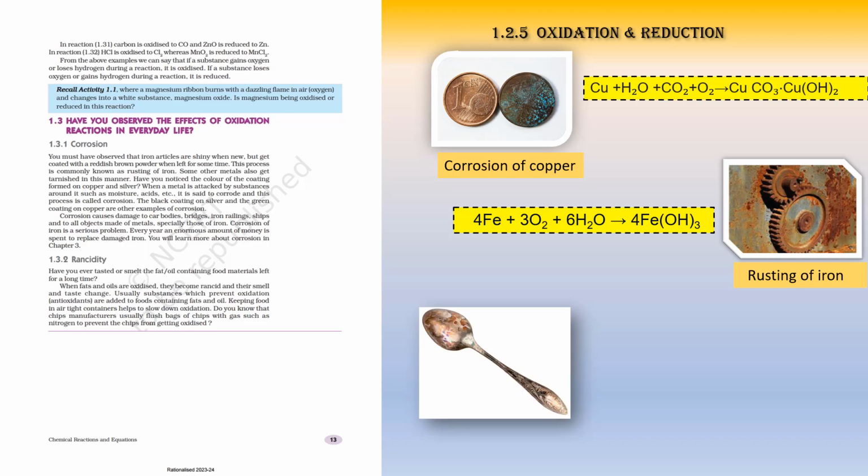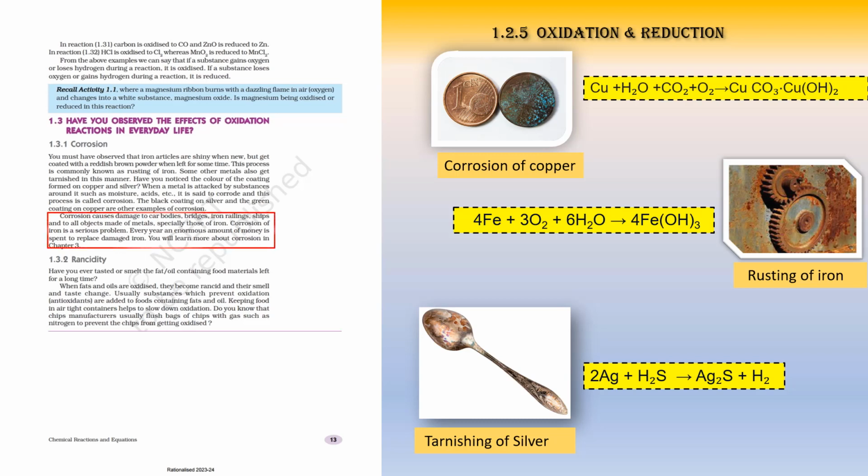The third example that we often come across is called the tarnishing of silver. It is also a kind of corrosion of silver which happens in presence of the pollutant hydrogen sulfide. It forms silver sulfide and hydrogen. All these three examples that I have discussed just now are examples of corrosion.